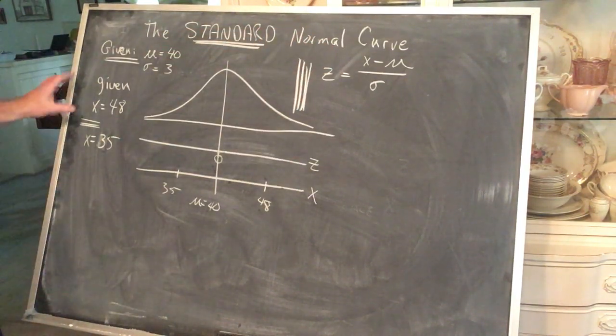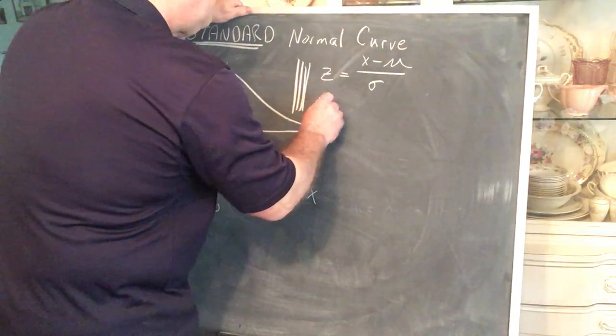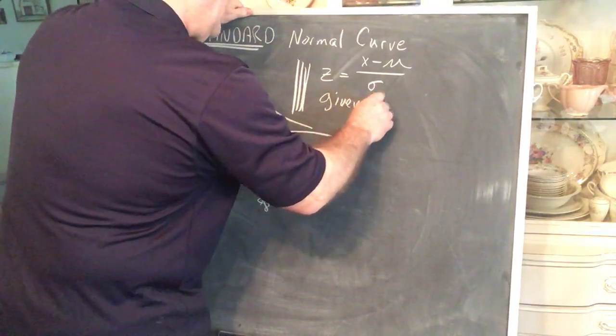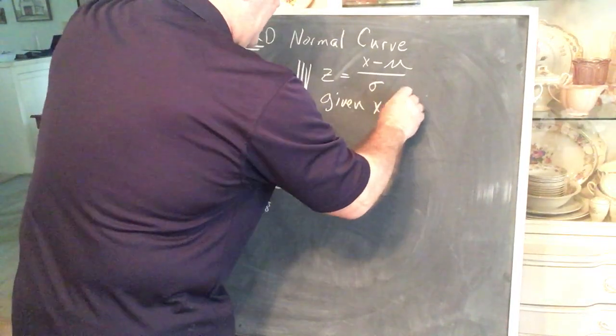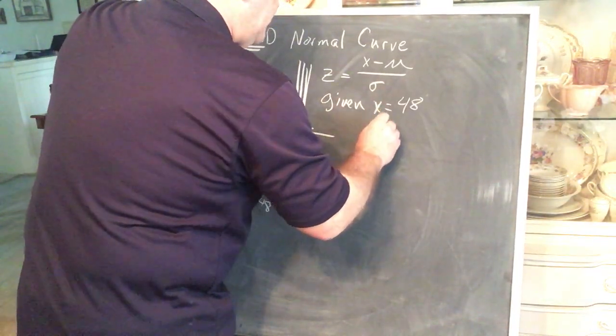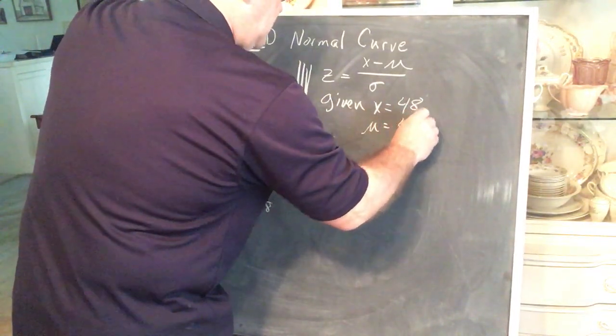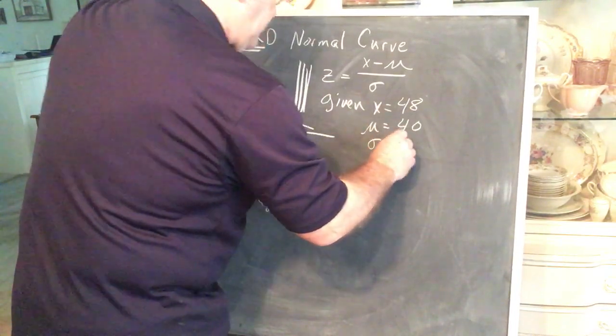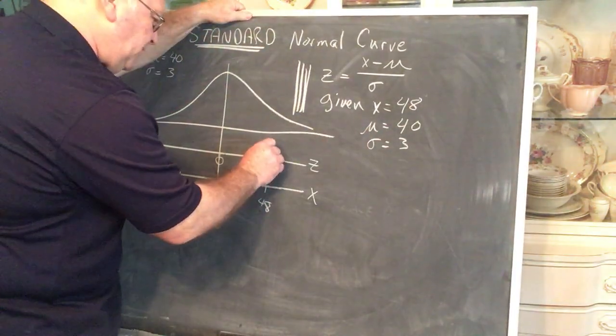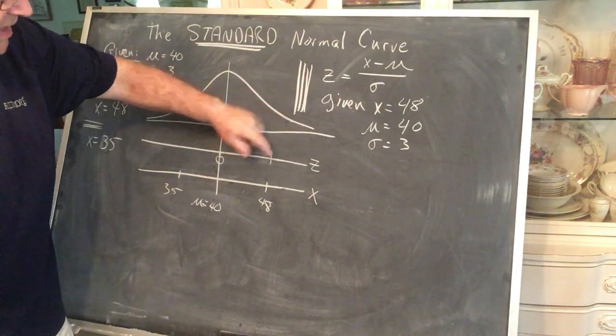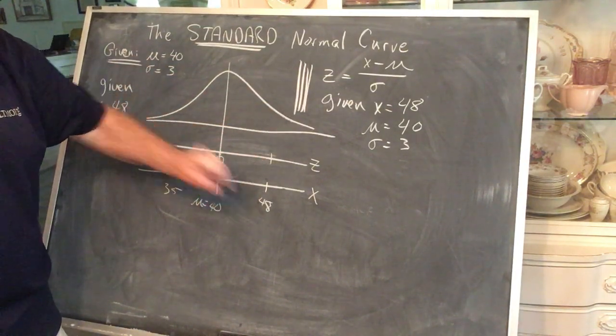And so, suppose we're given x equals 48. We've already been given that mu is equal to 40 and the standard deviation is equal to 3. So the question is, what value on the z scale corresponds to 48 on the x scale?